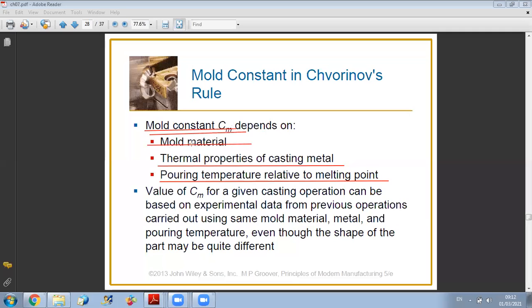It's dependent on these three factors. This is why sometimes if we determine Cm experimentally for a certain casting process, even if we change the geometry of the pattern, if we keep the same mold material, same casting metal, and same pouring temperature, then Cm will stay the same. What will change is the ratio V over A, which will affect the total solidification time.